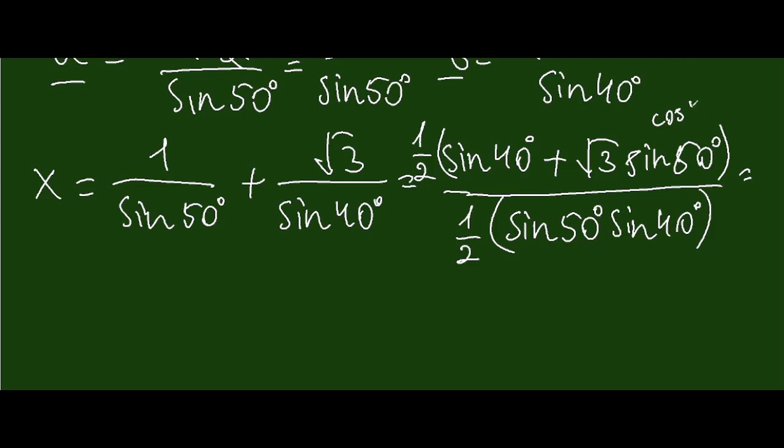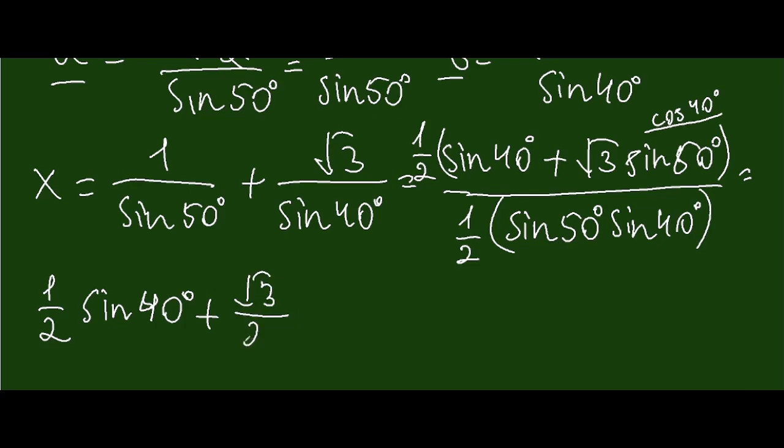We have to change sine 50 degrees by cosine 40 degrees, and we'll get 1 over 2 sine 40 degrees plus square root of 3 over 2 cosine 40 degrees.